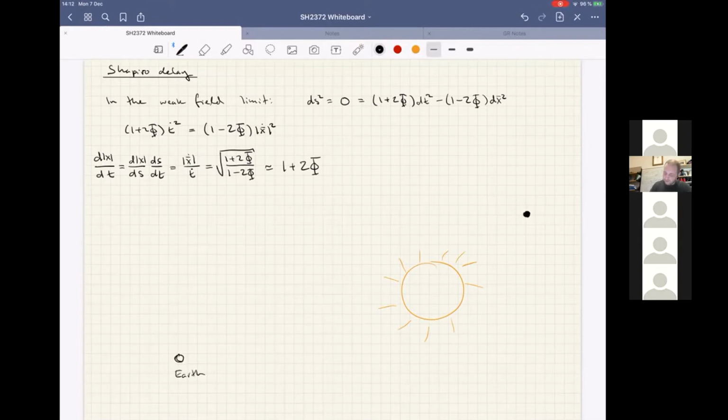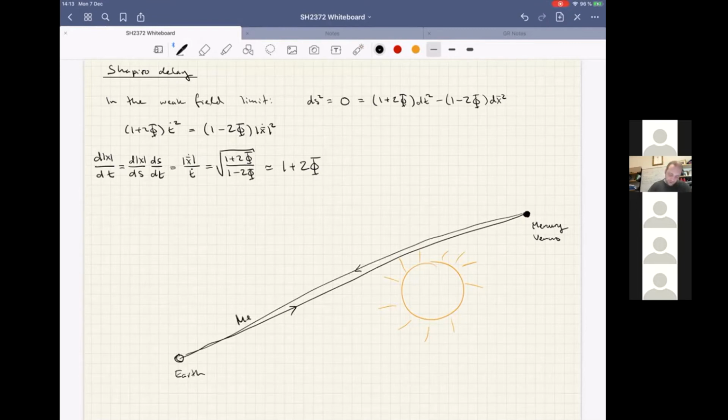So say Mercury or Venus. And the point here is, of course, that we want our signal to go as close to the sun as possible without actually hitting the sun. So we send a radar signal to this planet on the other side of the sun, that then bounces back to us, and we measure the round trip time.